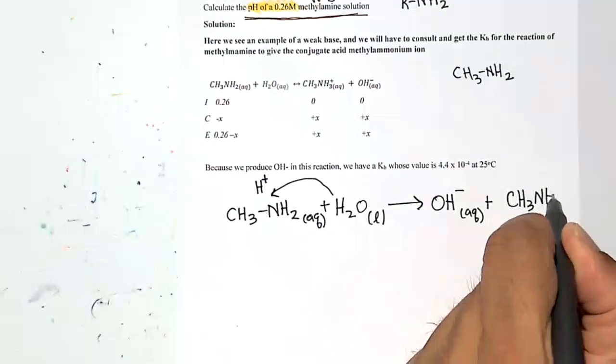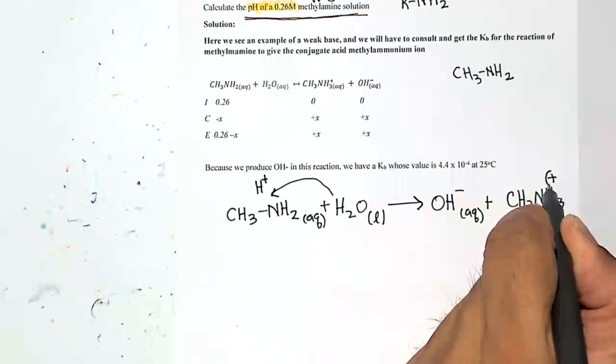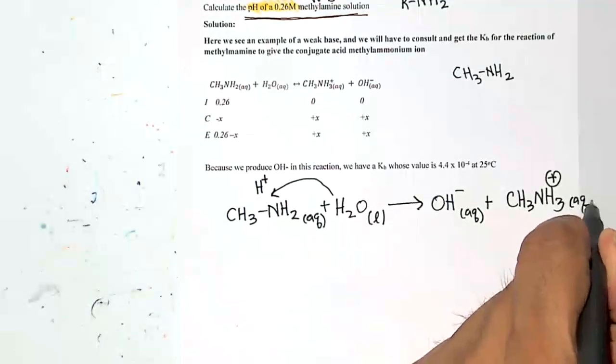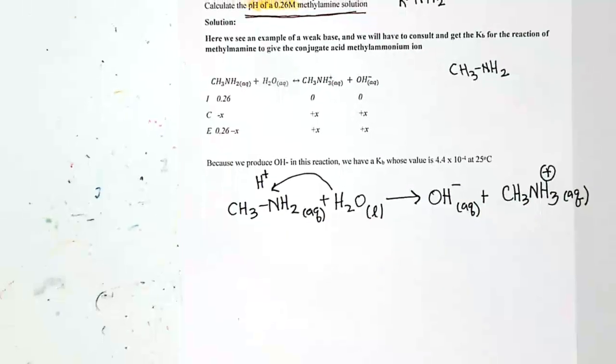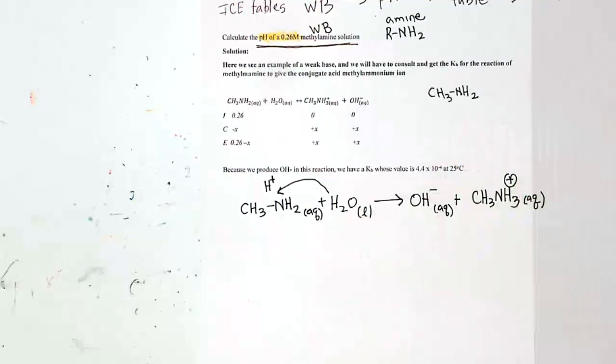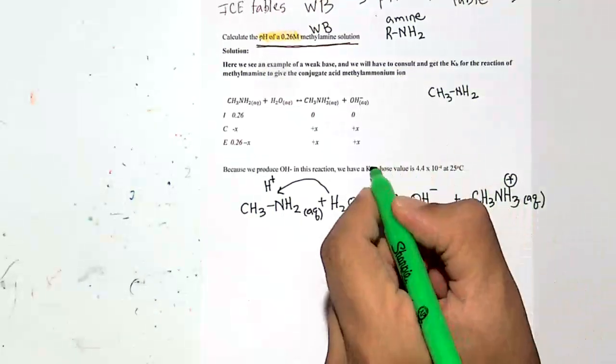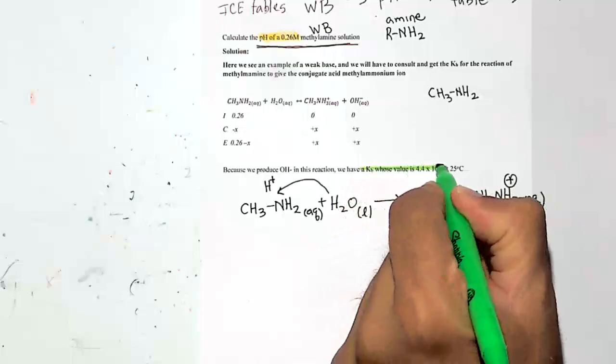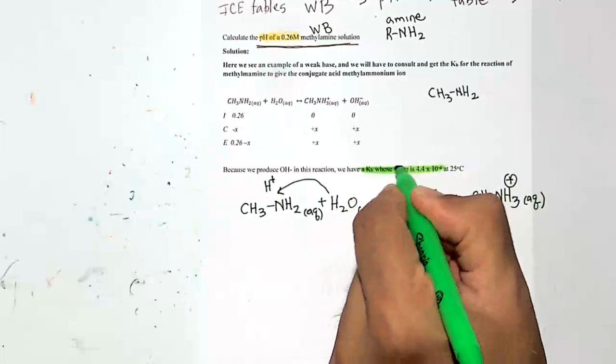And this is CH3NH3 plus. All of this is happening in water. So this is a weak base, as all amines are. So really, we're not talking about Ka here. We're talking about Kb.